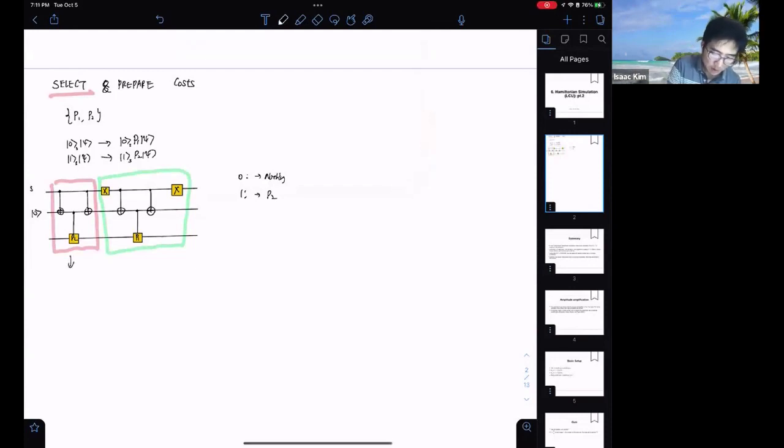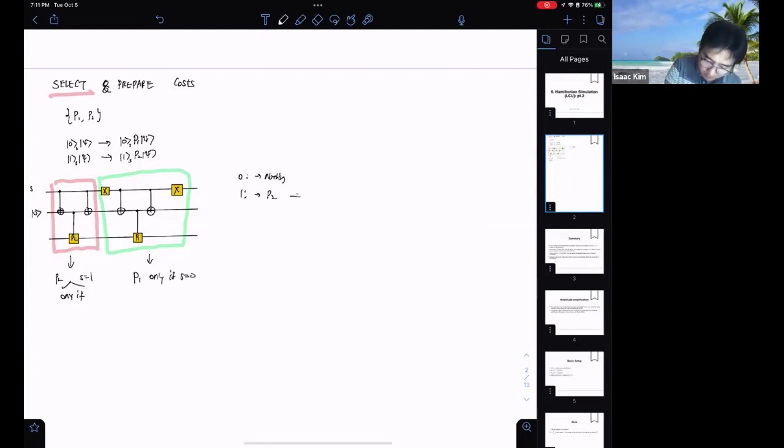So this is basically applying P2 only if S is equal to 1. And this is applying P1 only if S is equal to 0.